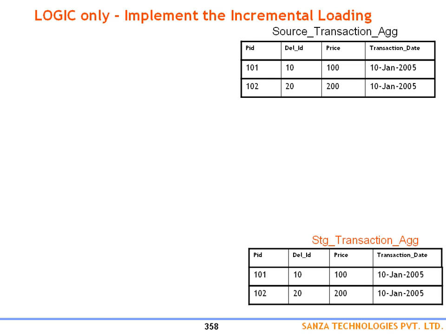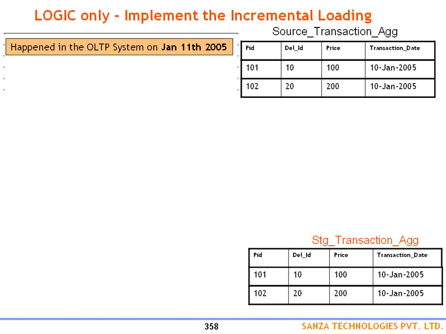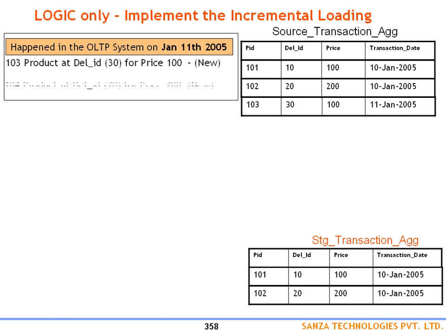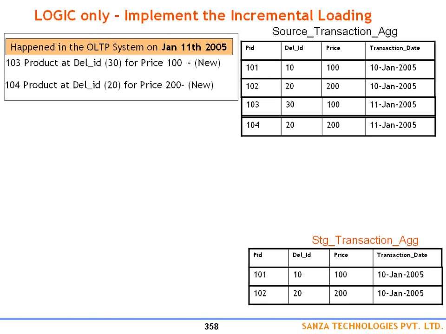Now next day, when the transaction happens, look at the source table. You have 10th January data and you have loaded it into staging. Now in the source system on 11th January, some transactions happen. For example, a product ID sold at 100 rupees on 11th January, another product. So the transaction happened in the source.